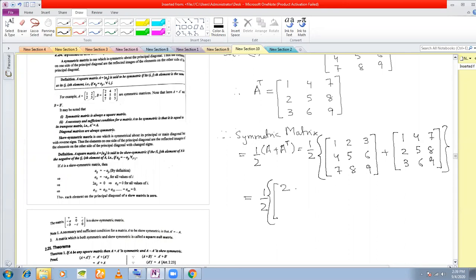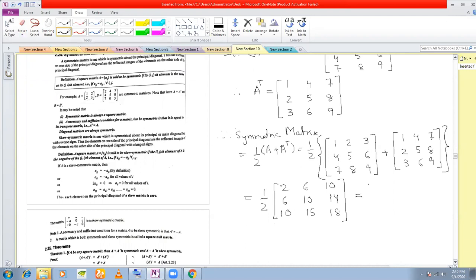This is 1 plus 1, 2, 2 plus 4, 6, 3 plus 7 is 10, 4 plus 2 is 6, 5 plus 5 is 10, 8 plus 6 is 14, 7 plus 3, 10, 8 plus 6, 14, 9 plus 9, 18. So half of this matrix. You don't need the bracket here. Okay, half of this matrix.